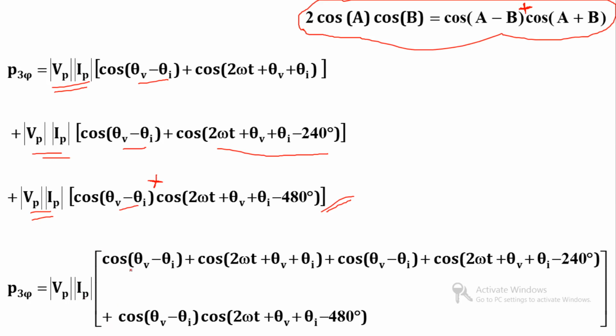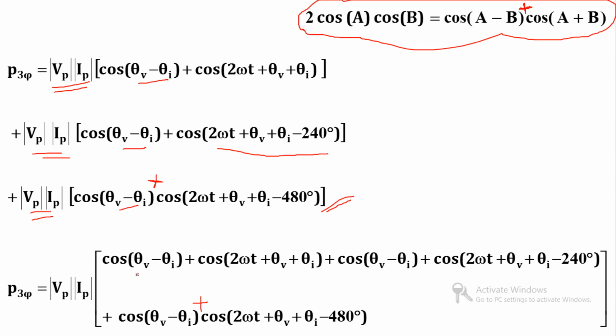In the bracket, the remaining terms will be the cosine terms, all 6 cosine terms. So cos(theta v minus theta I) plus cos(2 omega t plus theta v plus theta I) plus cos(theta v minus theta I) plus cos(2 omega t plus theta v plus theta I minus 240) and plus cos(theta v minus theta I) plus cos(2 omega t plus theta v plus theta I minus 480).